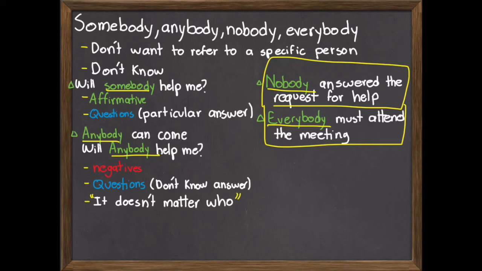Now, we use all of these pronouns, somebody, anybody, everybody, and nobody, with a singular verb. Nobody answered, everybody must attend, anybody can come, and so on. But we can use "they" to refer back to them.